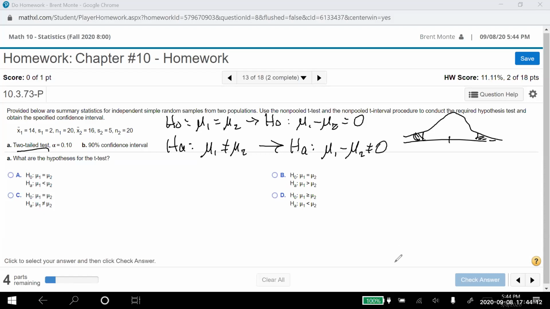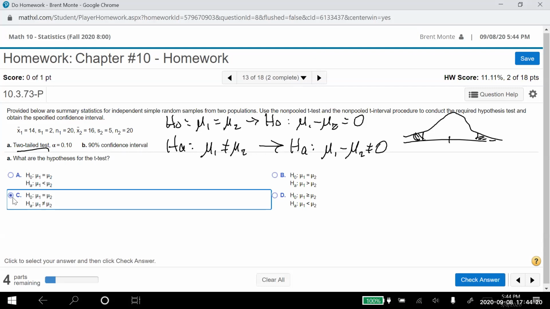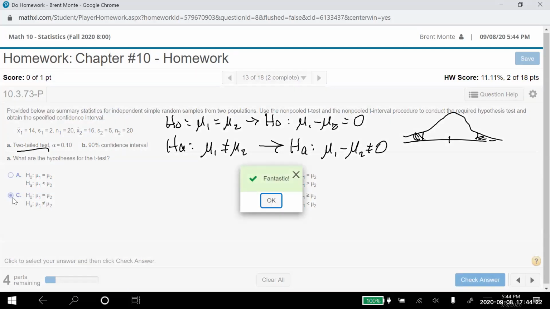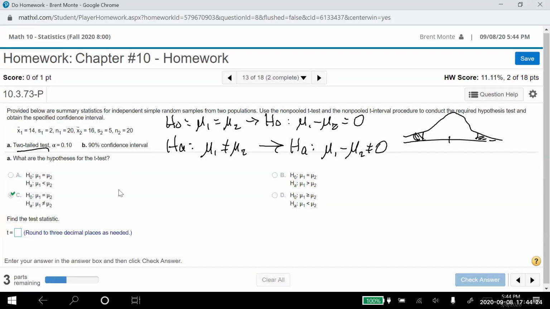So we look at which one of these it's going to be. Mu1 not equal to mu2. It's got to be C. We'll check that answer. That one's right. That was nice and quick. Find the t statistic. So again, we're going to find t, and we will also find the p-value.